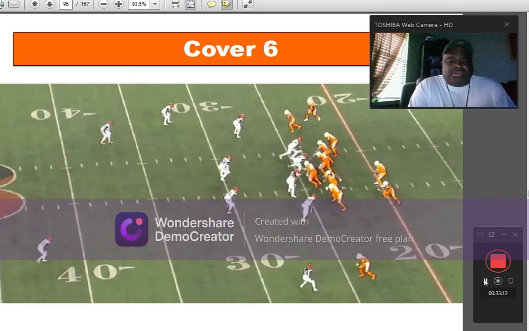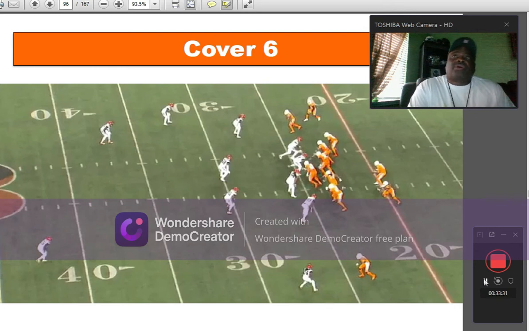So, how cover 6 looks. The back side over here at the bottom, they're playing cover 2. On the top side, they're playing quarters, cover 4.